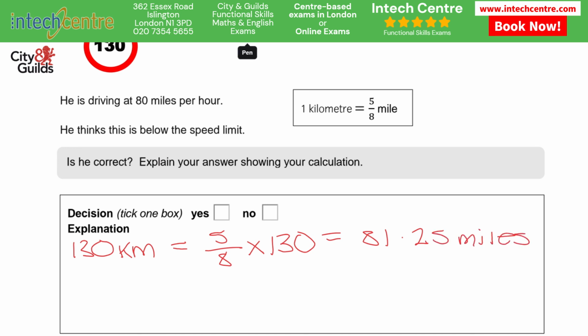So the speed limit in France is 81.25 miles. And we just get this by doing 5 times 130 divided by 8. Now, he is driving 80 miles an hour, which is under the speed limit of 81.25. So he is correct in saying that he is below the speed limit. Yes.